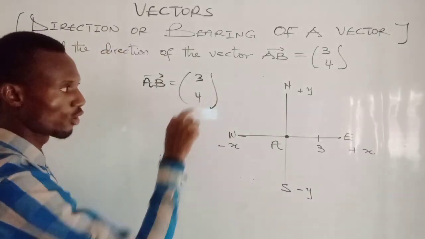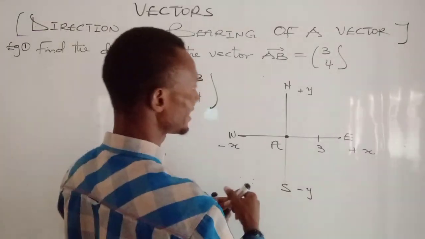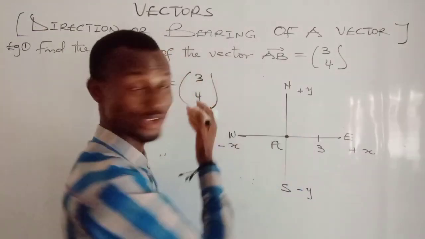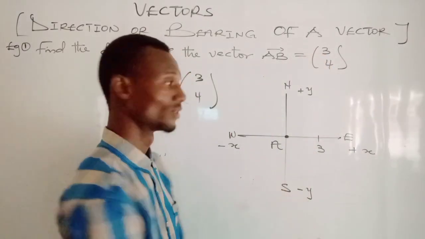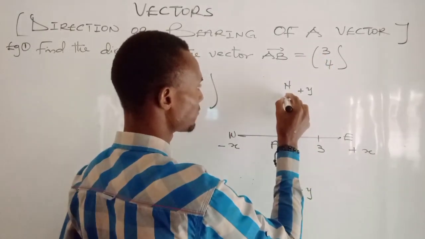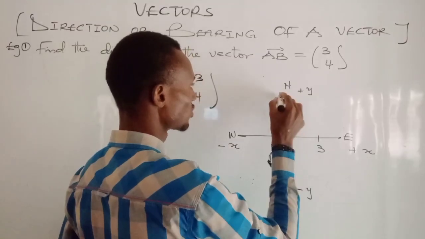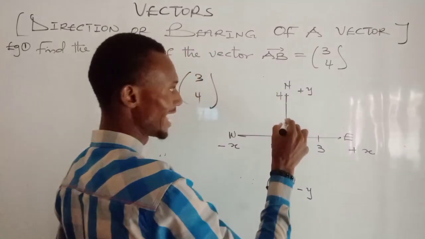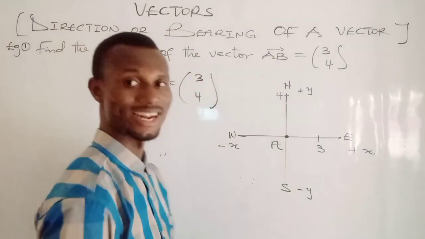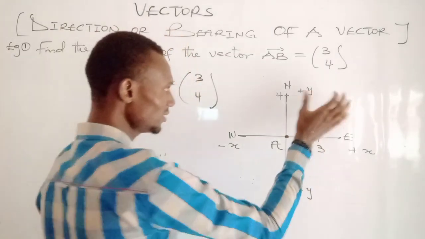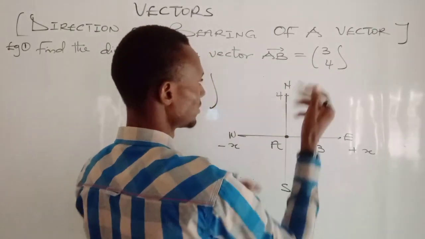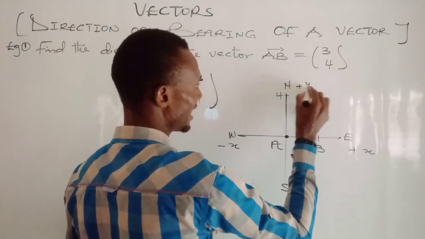Let's come to the 4 also. The 4 is positive, so of course it will come at the positive y-axis. Let's say that the 4 will be somewhere here. So I have my 4 here. I hope you understand and you agree with me up to this point. Now let's go ahead and do a further explanation.